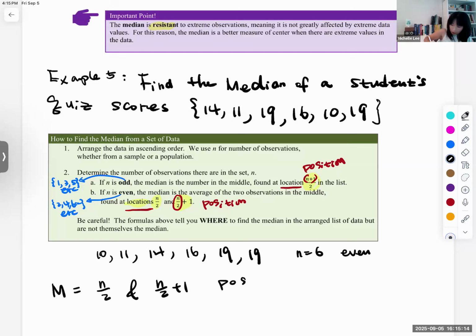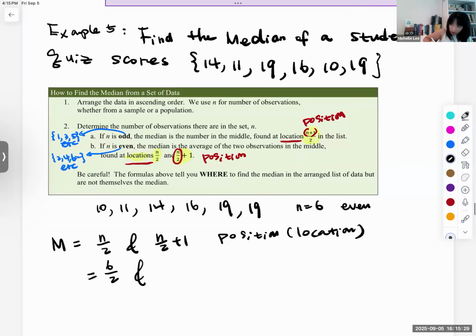With n equal to 6, that is 6 over 2 and 6 over 2 plus 1, which is the third and fourth.